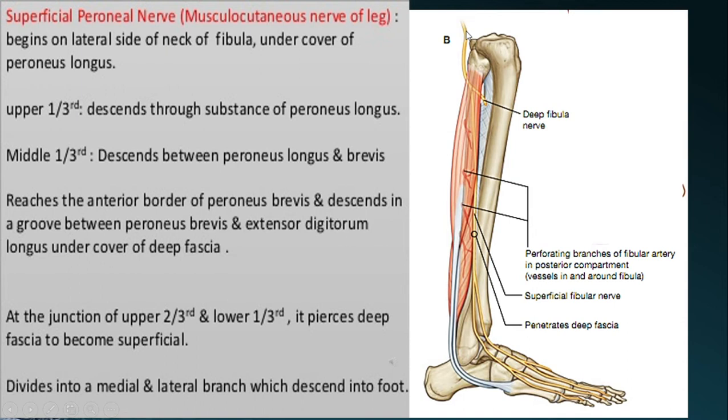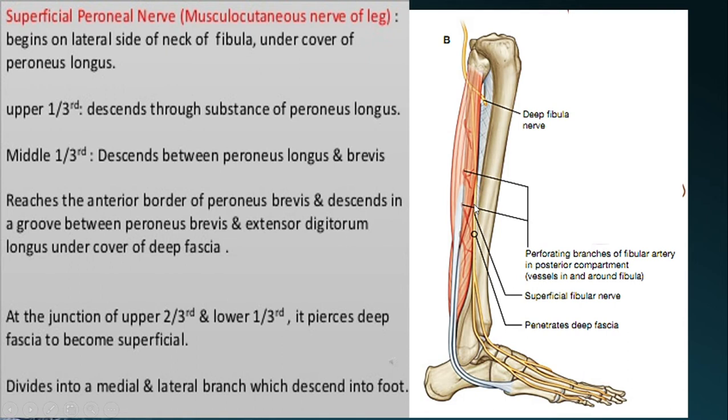Common fibular nerve at the level of neck of fibula is going to divide into superficial and deep fibular nerve. Now, in the upper one third of leg, the superficial peroneal nerve is going to pass through the substance of fibularis longus muscle and also give it muscular branches.